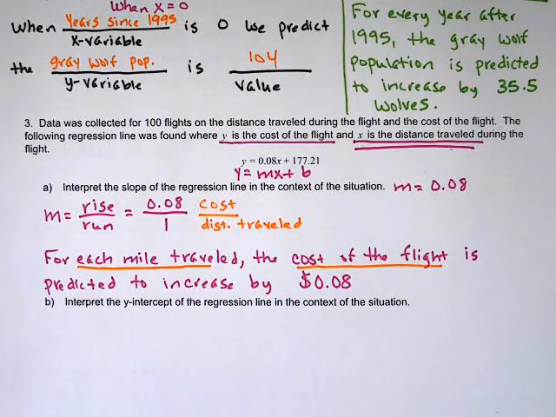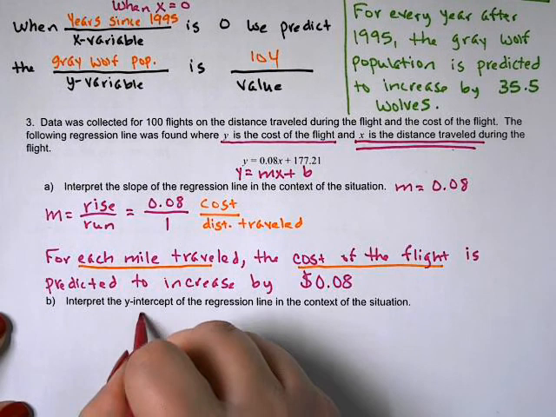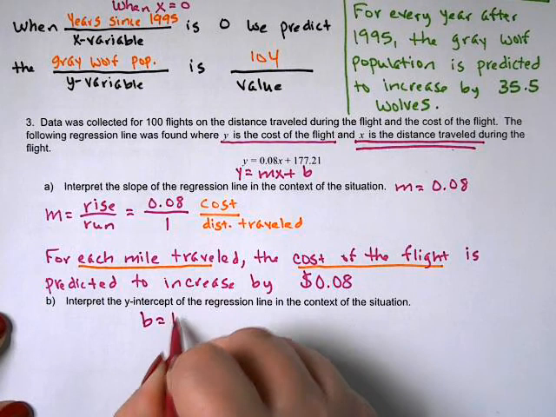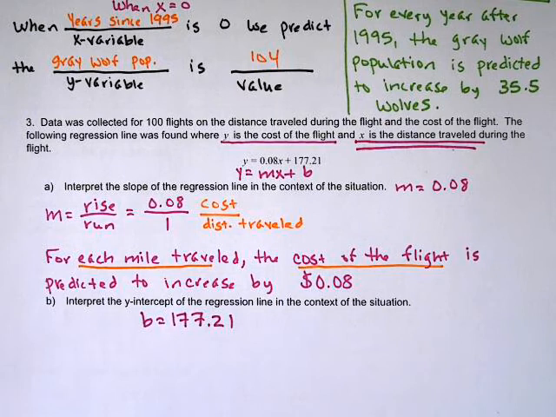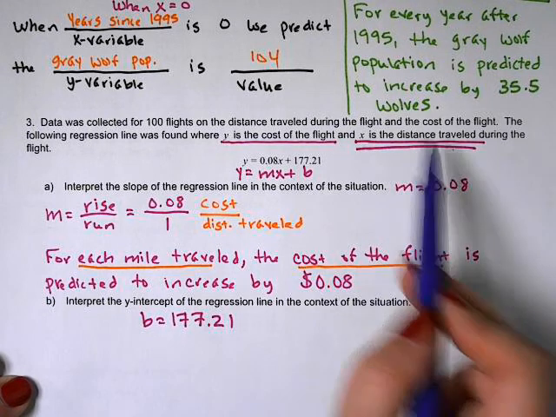Interpret the y-intercept of the regression line in the context of the solution. Well, y-intercept means we need the b value. So the b value is 177.21. So if we think about what this y-intercept says, it means the x value must be 0. Well, the x value is the distance traveled.